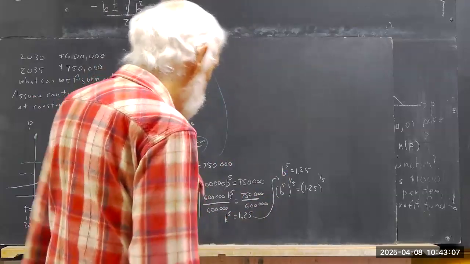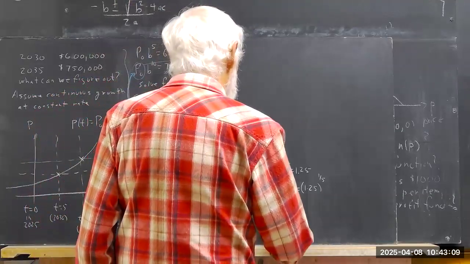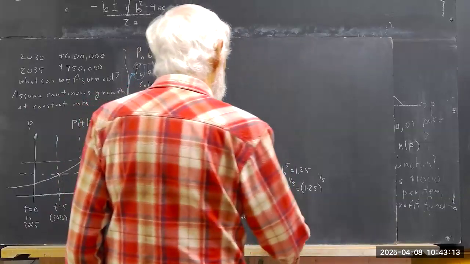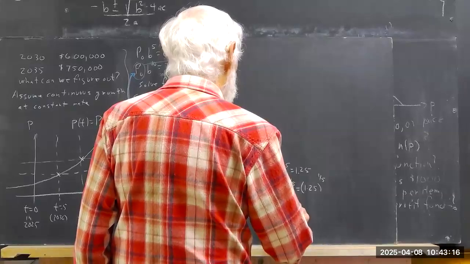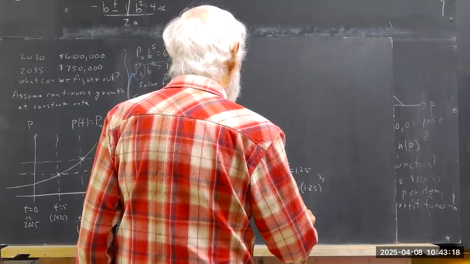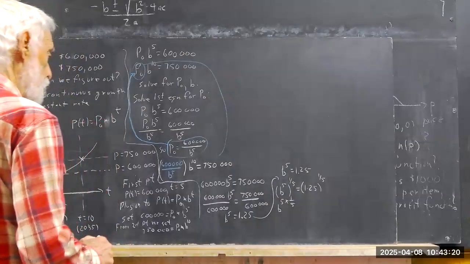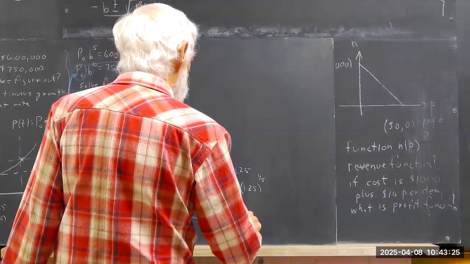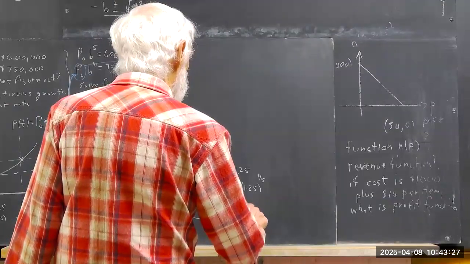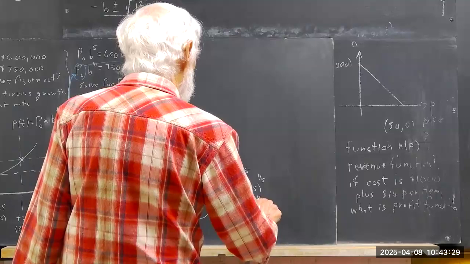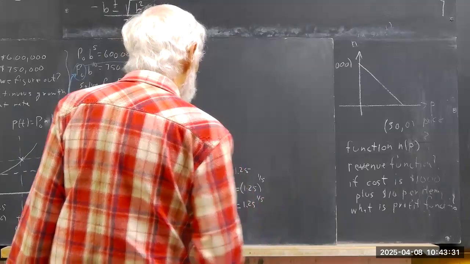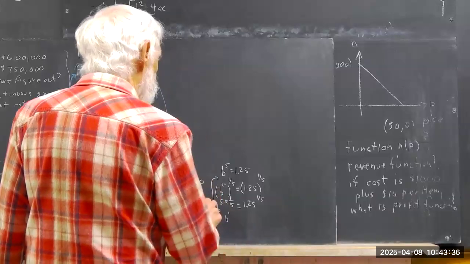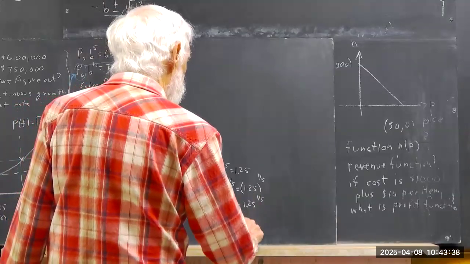So what's B to the fifth to the 1/5? Well, if you do a power of a power, you multiply the powers. So that's B to the 5 times 1/5 equals 1.25 to the 1/5. That's just B to the 1, because 5 times 1/5 is 1.